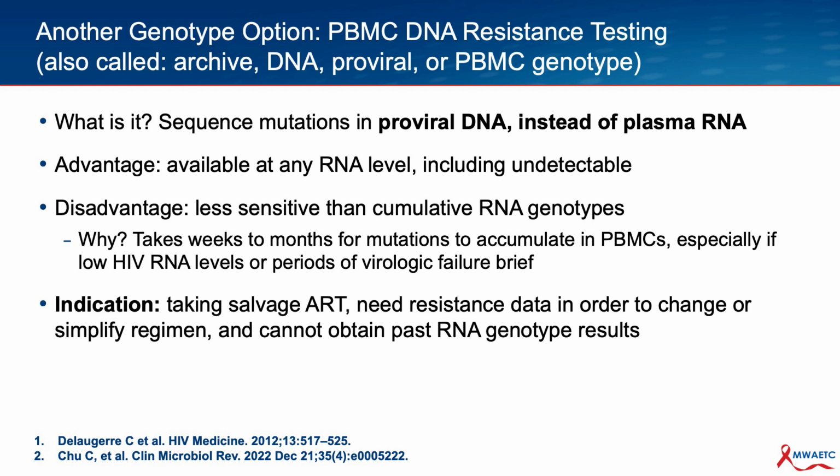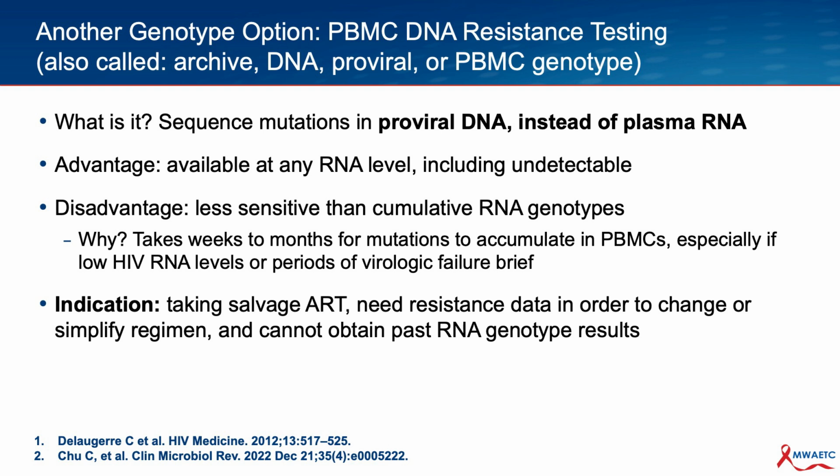So this is a way to sequence mutations in proviral DNA in PBMCs instead of in circulating plasma RNA. The advantage is that this type of genotype can be done at any RNA level. So if you need resistance results and a person has an undetectable RNA or undetectable viral load, this is an option. However, as we've talked about before, it is clearly less sensitive than cumulative RNA genotype.